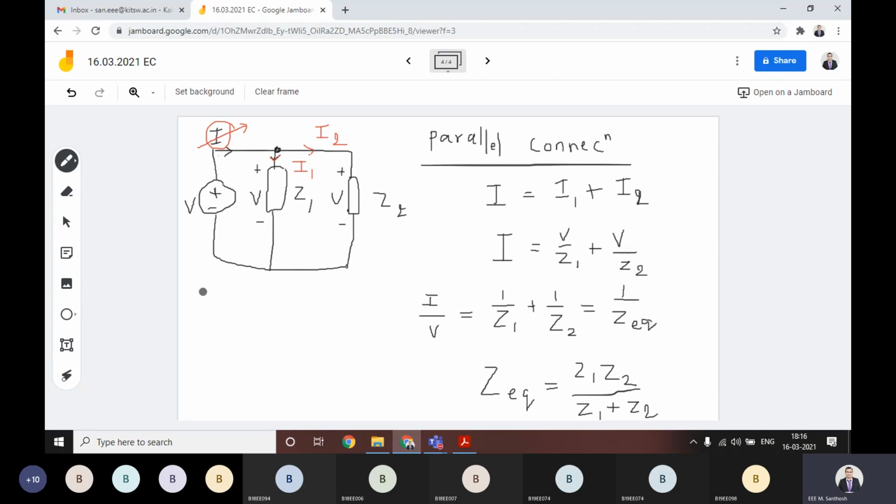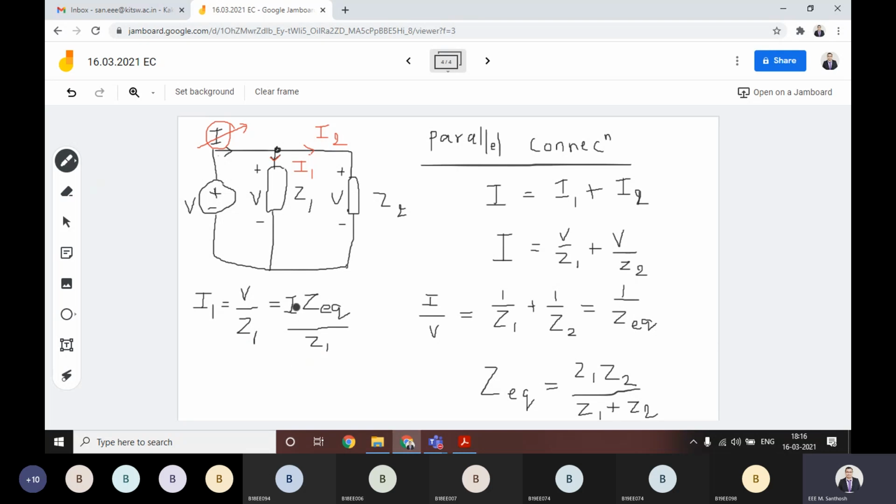If you are calculating only one current, I1, then it is V by Z1. What is this V actually? It is coming from I. This I is the combination current, that is, the combination is Z equivalent. I into Z equivalent is V, right?